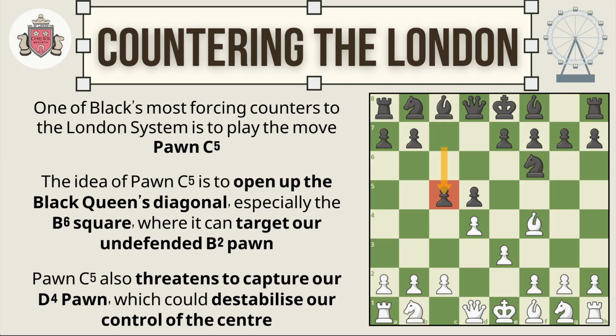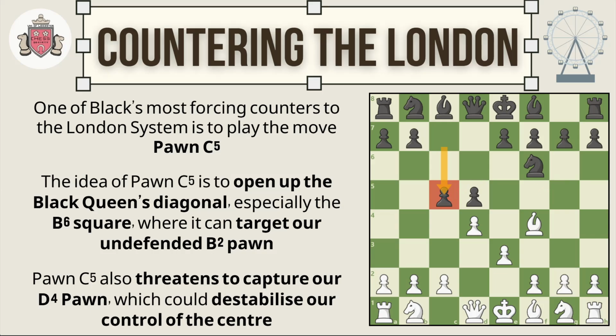Another good thing to know when you're learning openings, any openings, is to figure out the most forcing moves your opponent can make, like how your opponent can counter you. One of the main ways that black can counter us immediately is to play this move, c5.